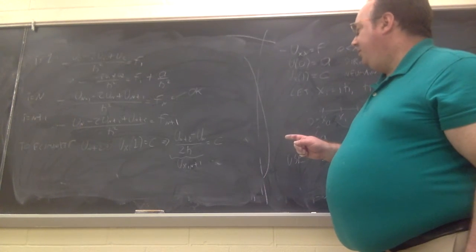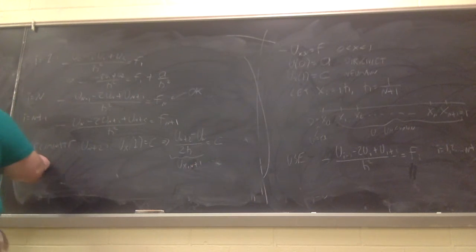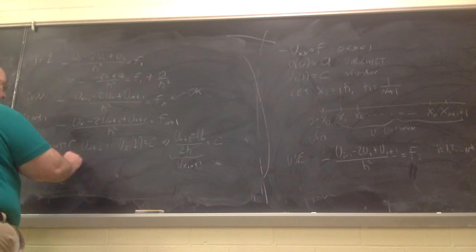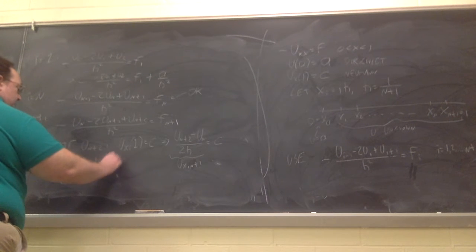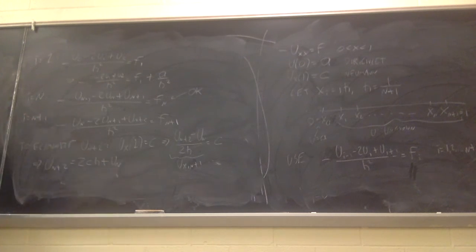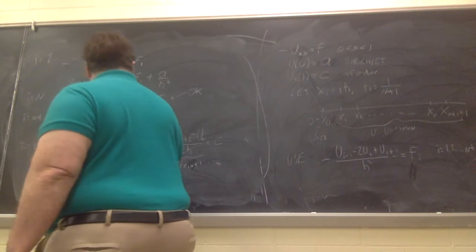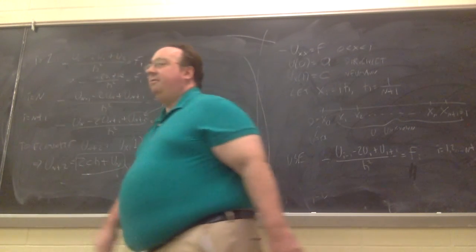So what that lets me do is it gives me an expression for un plus 2 that I want to get rid of. So it's equal to 2ch plus un. So now I can take that and fill it in here.